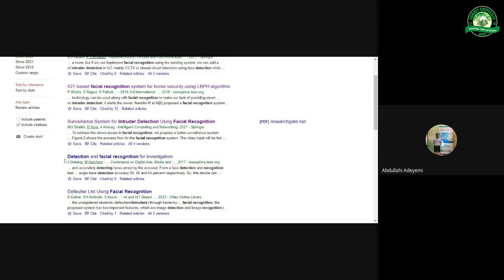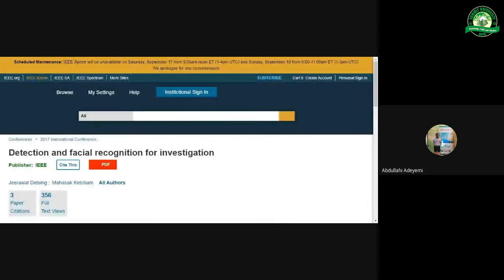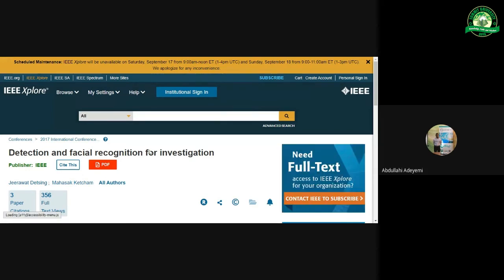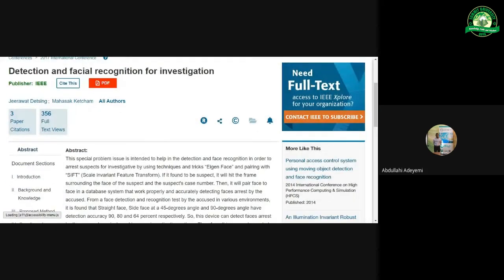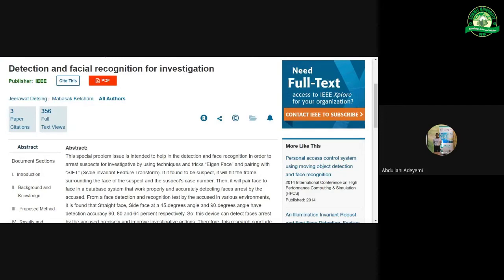But let's look at the paper and let's finalize our decision whether we'll be adding this paper to our list also or not. So the paper said detection and facial recognition for investigation. Okay, this is a national conference paper.